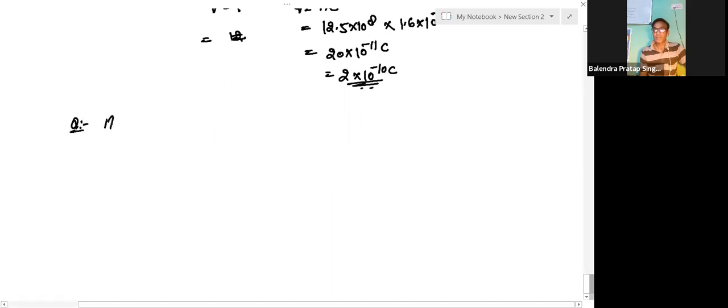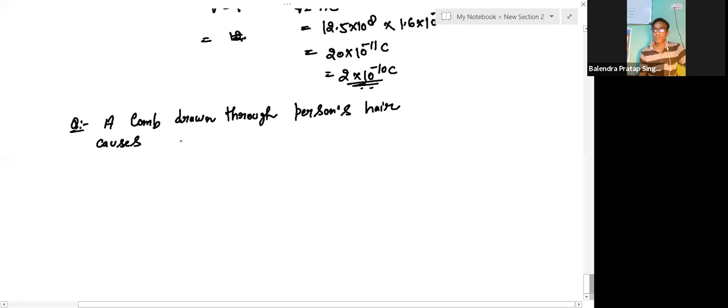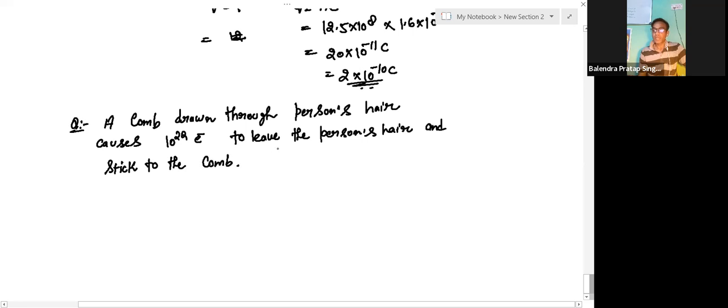a comb drawn through a person's hair causes 10 raised to the power 22 electrons to leave the person's hair and stick to the comb.